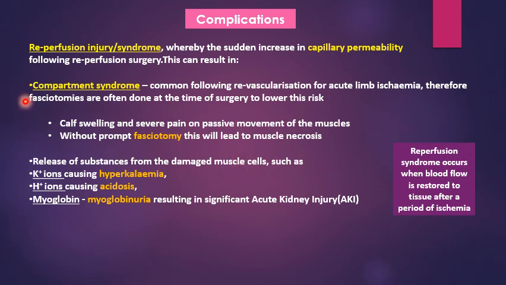Okay, so in compartment syndrome following revascularization for acute limb ischemia, fasciotomies are done at the time of the surgery. So when you reperfuse the limb, you also proceed to do the fasciotomy, so that this will reduce the edema and reperfusion syndrome effects, and thereby reduce the chance of reperfusion syndrome.